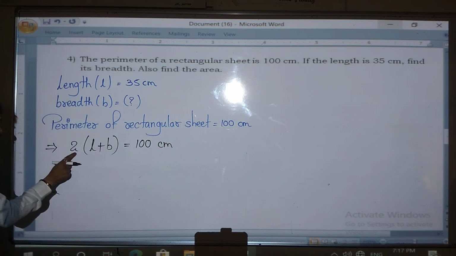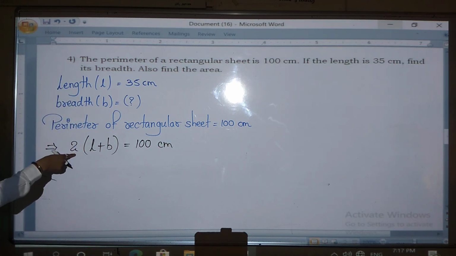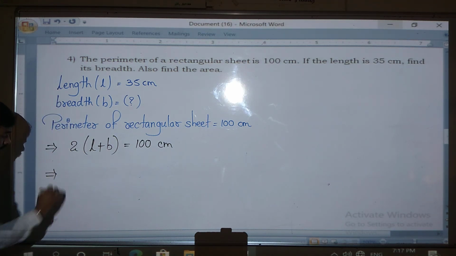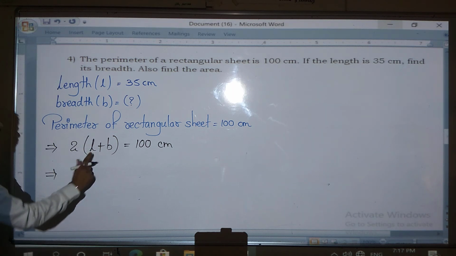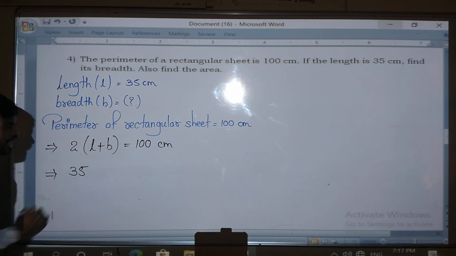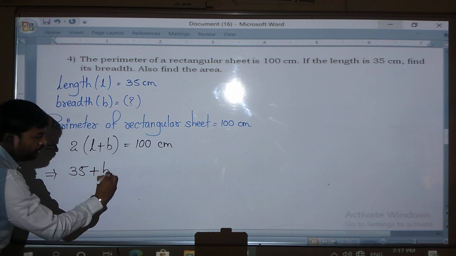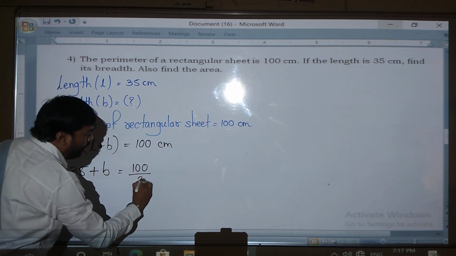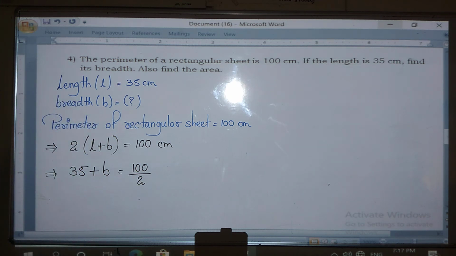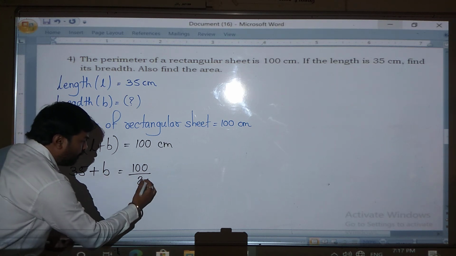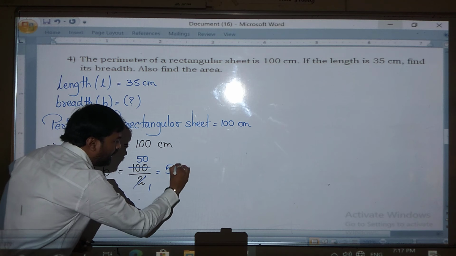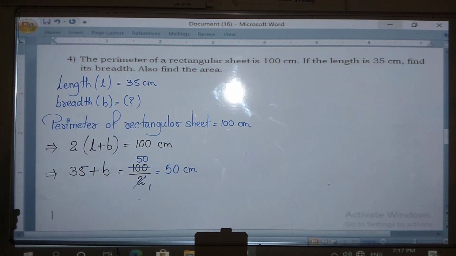Here you can see that 2 is in the form of multiplication. On another side, division. ચાલો direct લઘુ છું, be careful. Length 35, breadth we have to find, is equal to 100 upon 2. કેટલા આઈડિયા આવ્યો? ચાલો what is 100 upon 2? આમાં જ કેન્સલેશન કરી લઉં છું. 2 ones are 2, 50s are, so that is 50 centimeter.